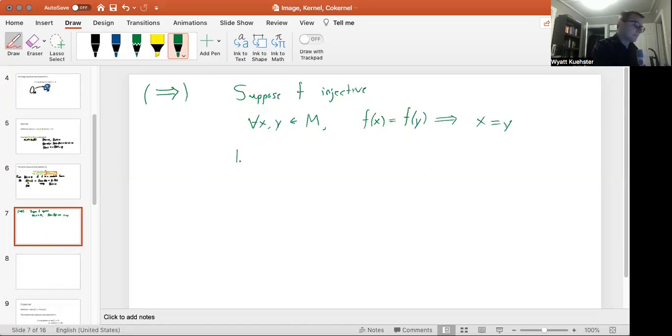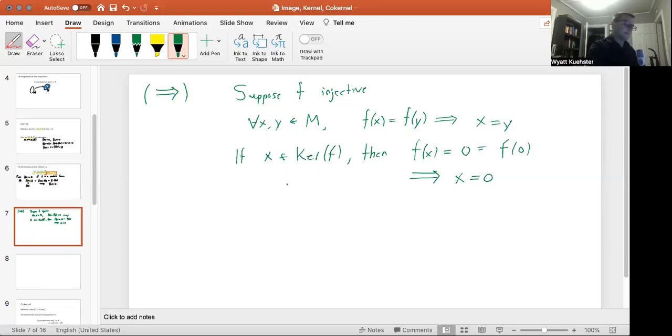But then if x is in the kernel of F, then F of x equals 0. But we also know that F of 0 equals 0, because that's just a property of being a homomorphism. And so because F was injective, we have F of x equals F of 0, so that implies that x equals 0. So the kernel of F consists of only 0, because anything in the kernel has to be 0.